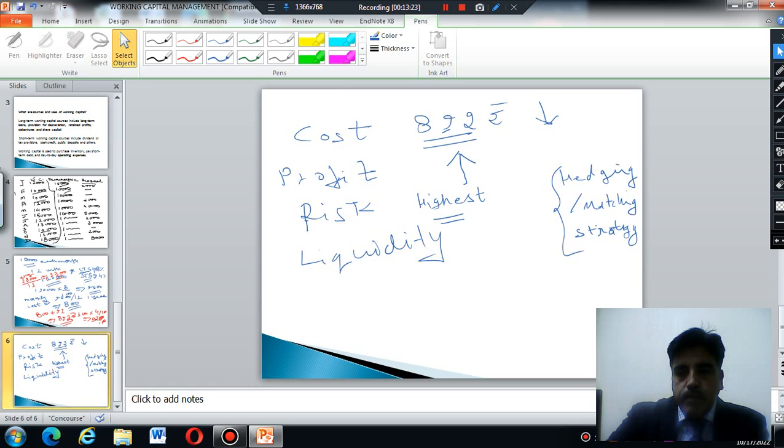Since you are maintaining a very small amount of liquidity, because every time you are very close to the requirement, 10,000 every moment. So there is no question of having high liquidity. The liquidity amount will be lowest.